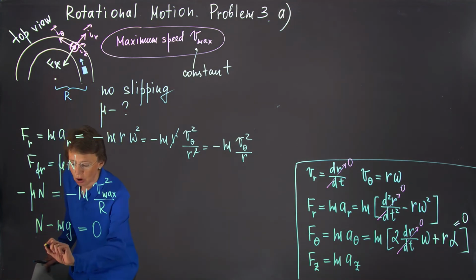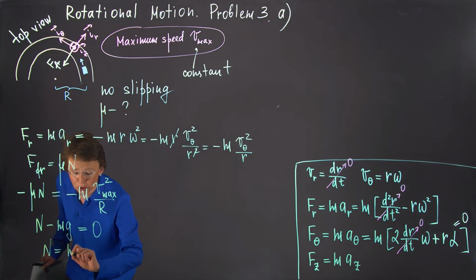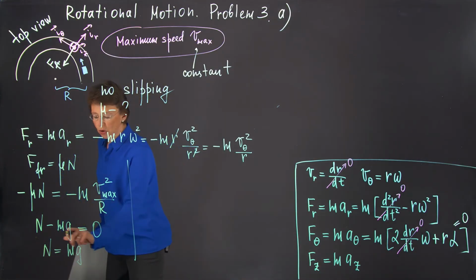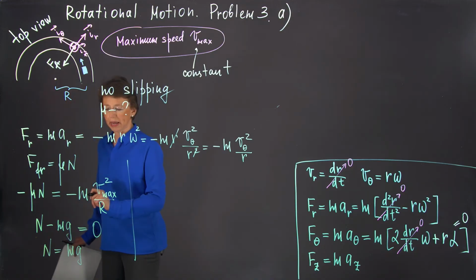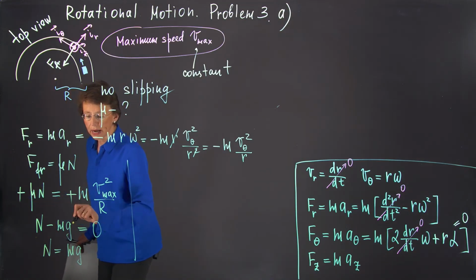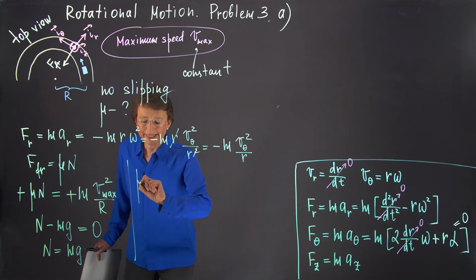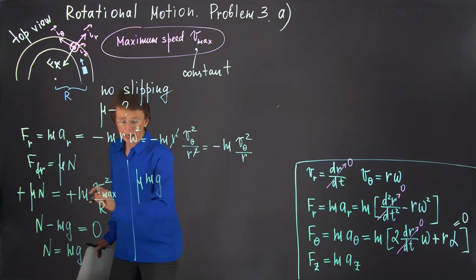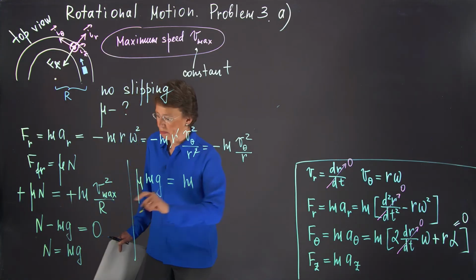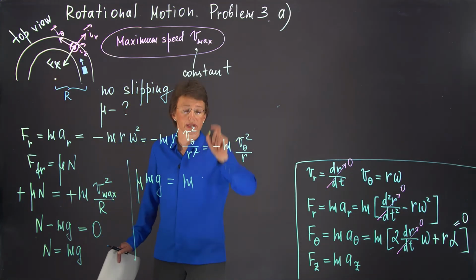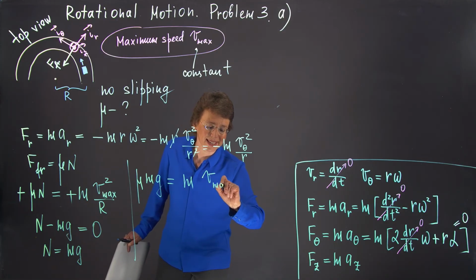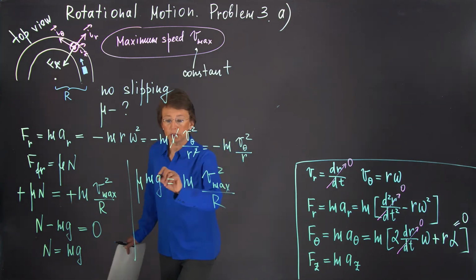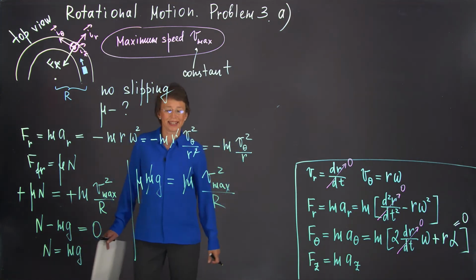So I immediately know my normal force: normal force is mg. And now I plug this normal force into my equation. Minus, minus, plus mu. Normal force is mg. It is equal to m times V max squared over r, where V max is given. We don't need mass. It cancels out.